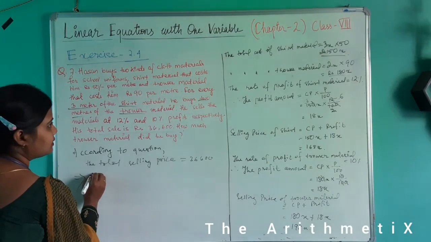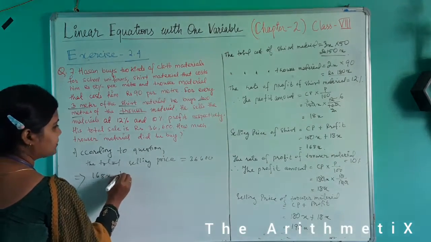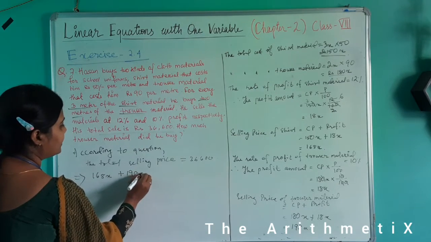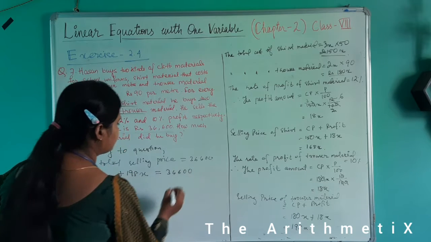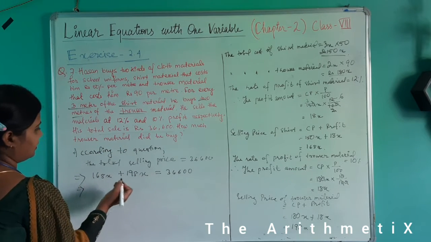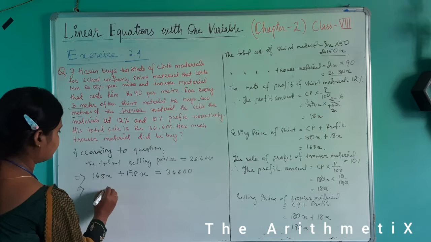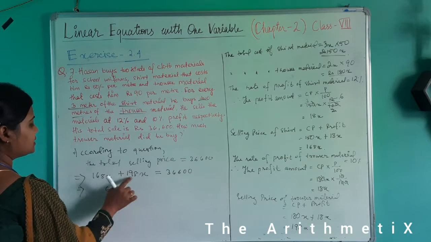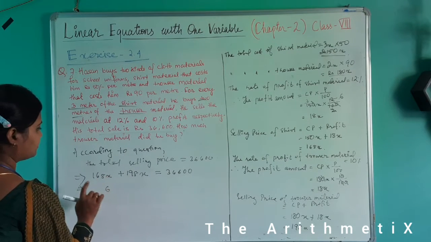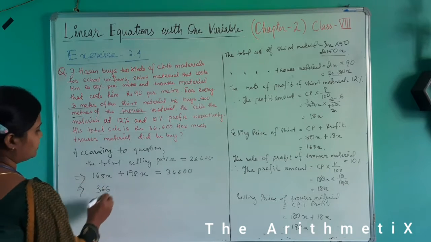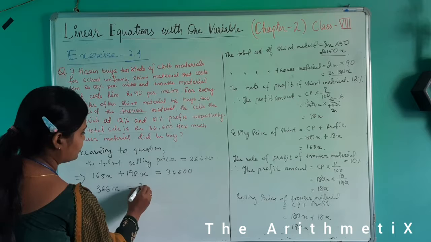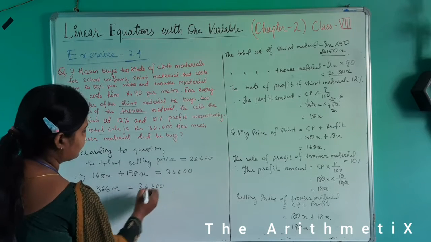So if we add them, this should be equal to 36,600 according to the question. This implies 168x plus 198x equals 36,600. Let us add the coefficients and then put x here. This is 366x equals 36,600.